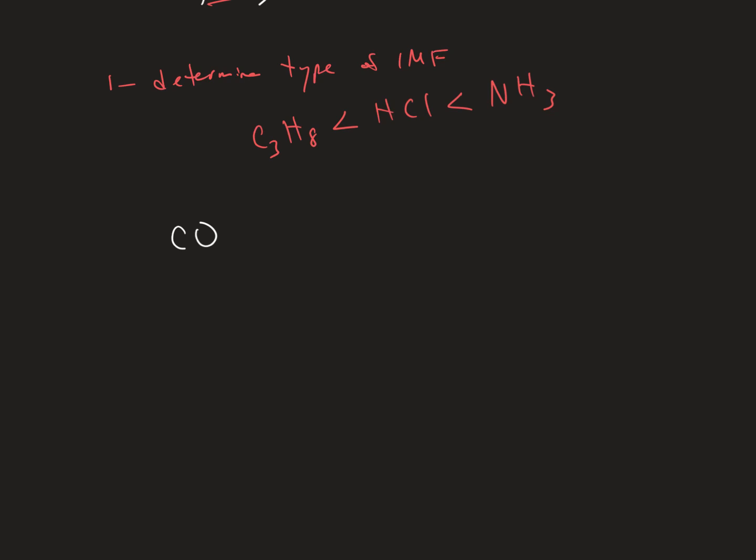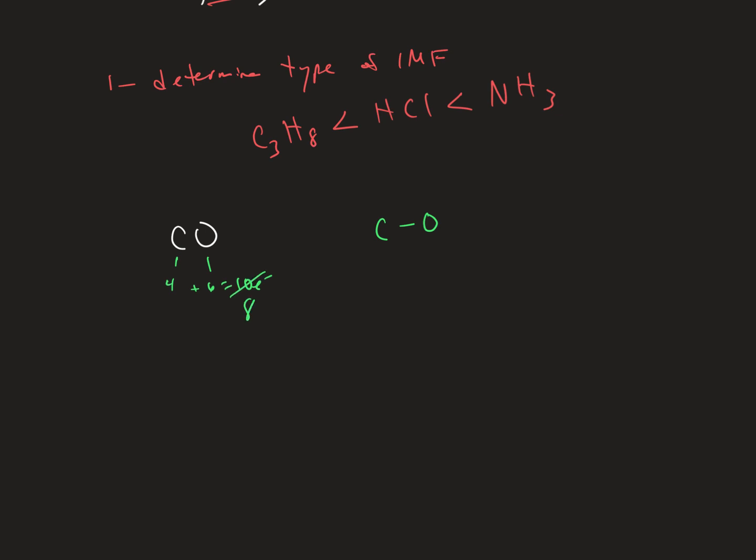Should we just try it from scratch, starting from the bottom? Okay, we have to draw the Lewis structure. Do you remember how to do that? Count the valence electrons. There's 4 here, there's 6 here. That's a total of 10 electrons. Which one's central? Carbon is central. In this case, it doesn't matter because there's just 2 atoms. So there they are. We have 2, so we have 8 left.